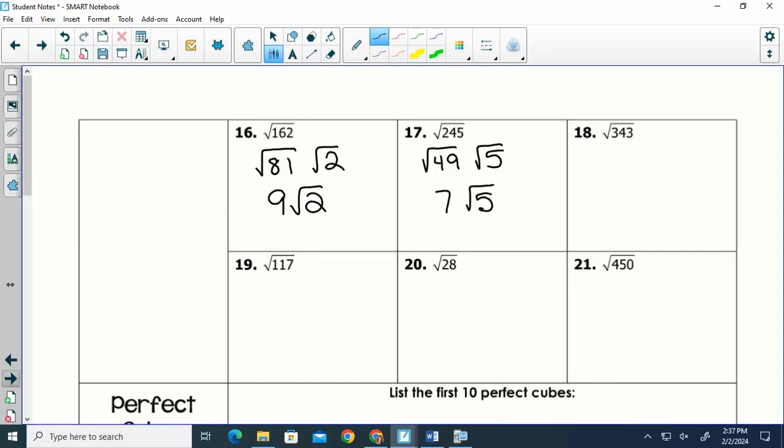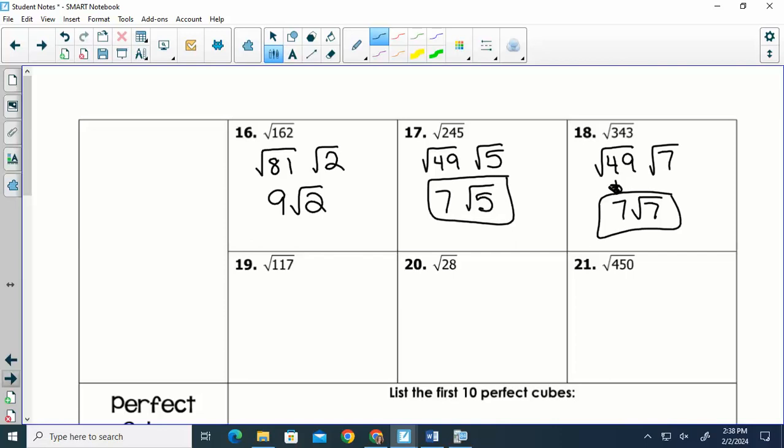Everybody try it. 49. 49 again. And what? So the square root of 49 is 7, and we can't do the square root of 7. So that is our answer.